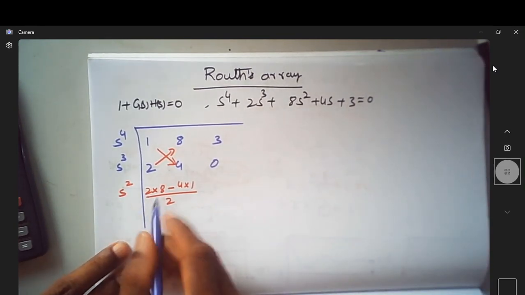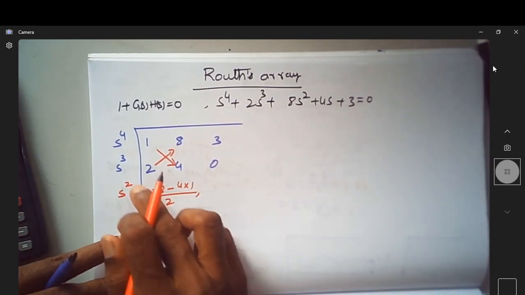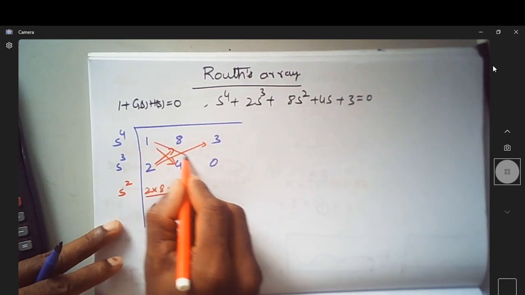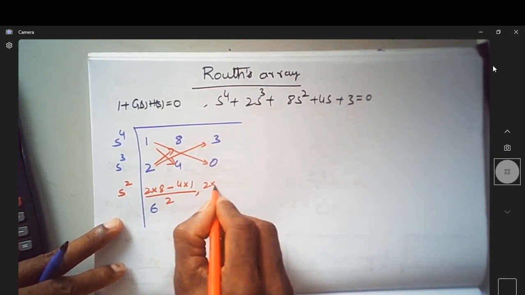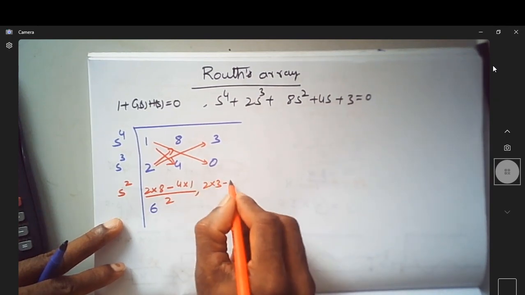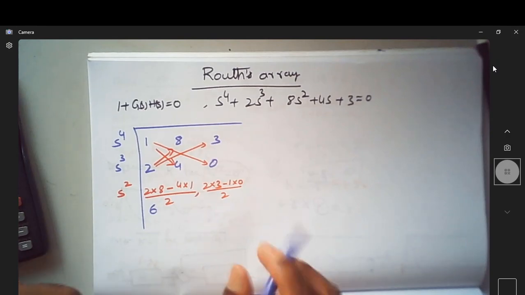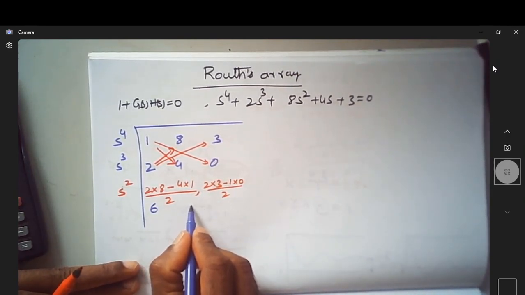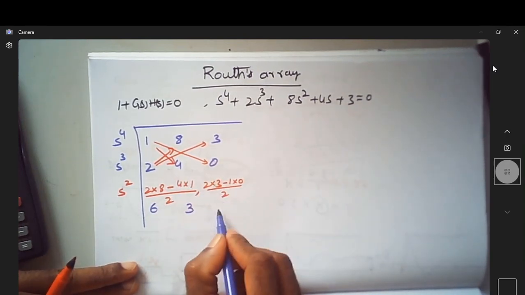So you're going to have this as 6, and the second element of this row is 2 into 3 minus 1 into 0 by 2. Because this becomes 0, the 2 and 2 will go off, and it is 3. And of course the next term is 0.